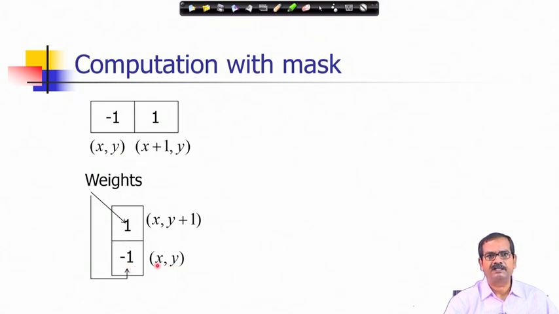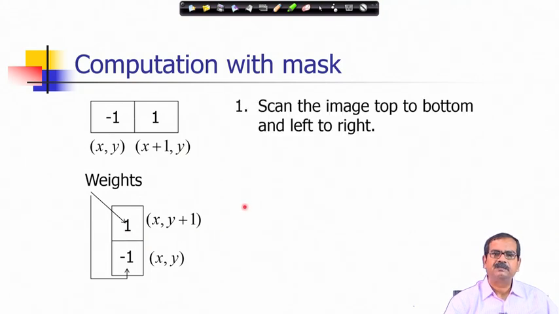So, you are placing this mask at the x y position, and then you are performing the weighted sum of the pixel values with its neighbors where this mask is also present. Once you place the mask here at x y, the value at x y should be multiplied by -1, then the functional value at x y plus 1 should be multiplied by 1. So, effectively if you take the sum, that would be the difference between these two values.